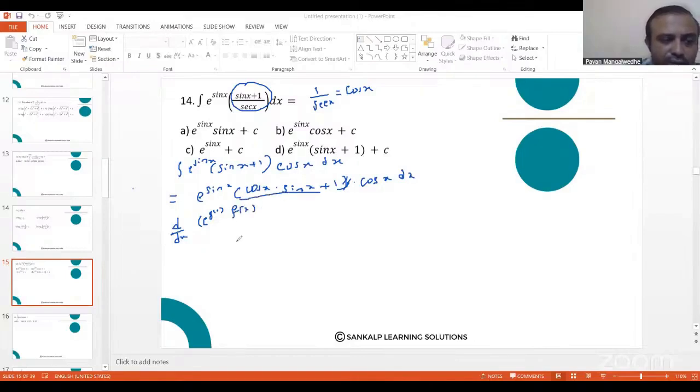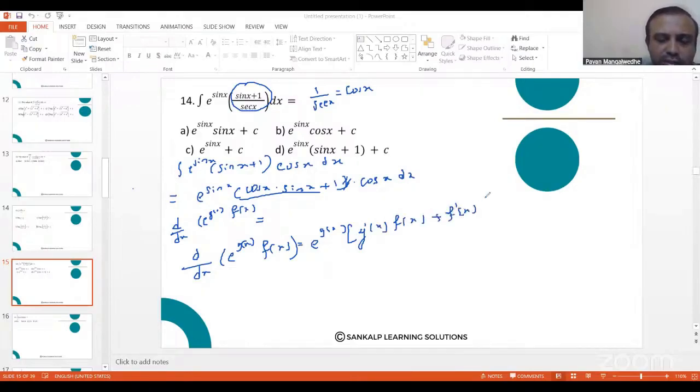then by integration by parts, we get d by dx of e raised to g of x into f of x equals e raised to g of x into g dash of x into f of x plus f dash of x.